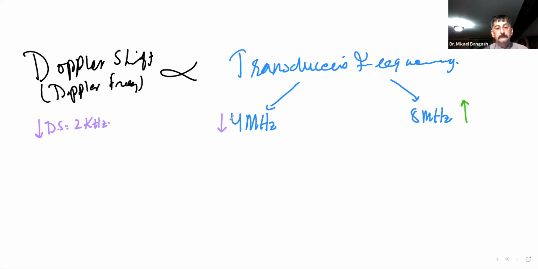So if I use a transducer with a double frequency, which will be 8 megahertz, the greater the transducer's frequency, the greater the Doppler shift. It doubled, so our Doppler shift frequency will be 4 kilohertz. Is that clear?